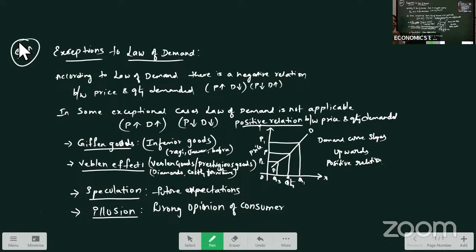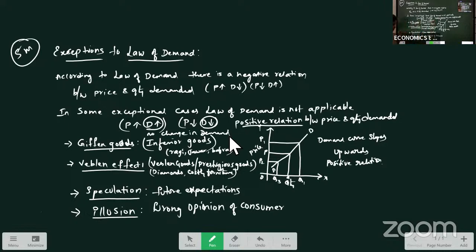But in some exceptional cases, the law of demand is not applicable. There, when price increases, demand will not decrease but will increase. When price decreases, demand also decreases, or there is no change in demand.